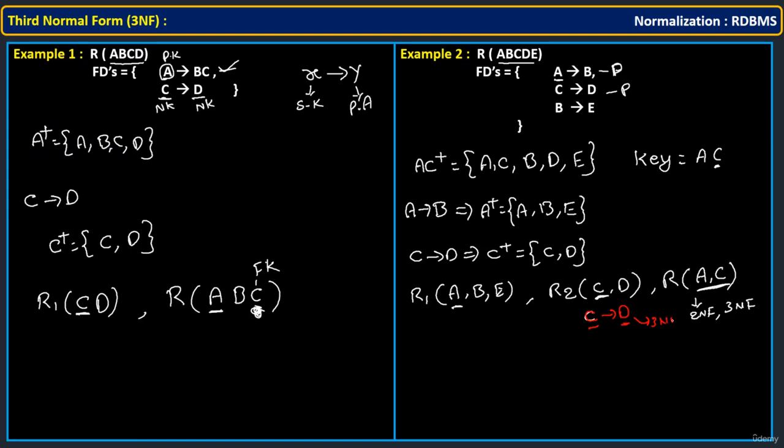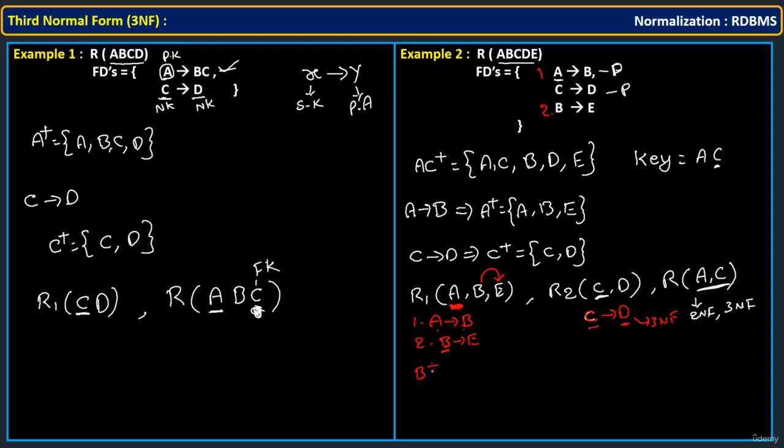Now let us come here. A derives B. This FD we are covering here. And B derives E is also there in R1. Now if you observe, the primary key is A. So A derives B, a non-key attribute, and B derives E. So R1 we are dividing further.